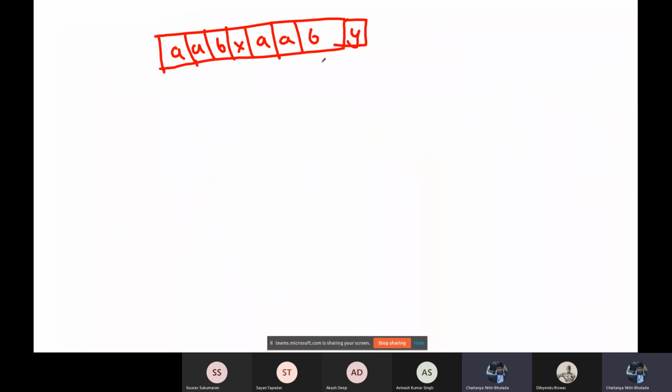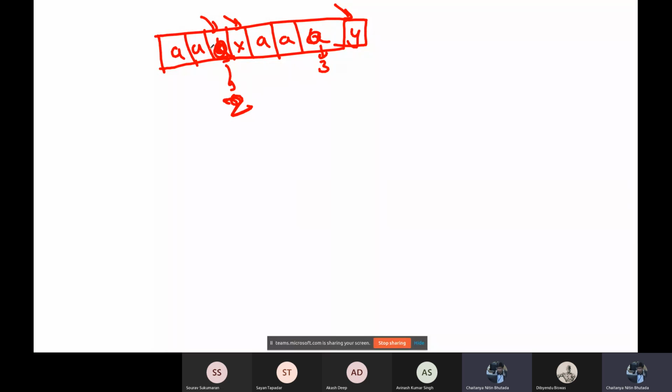So we know the value of pi will be 3 here. As we can see, the Y and X do not match. So we go here and see the value of pi in this position. The value of pi will be 0 here. I should take A, it will be better. So suppose AAAX, AAAY. So the value of pi here will be 3 and here it will be 0. So here it will be 2 now.